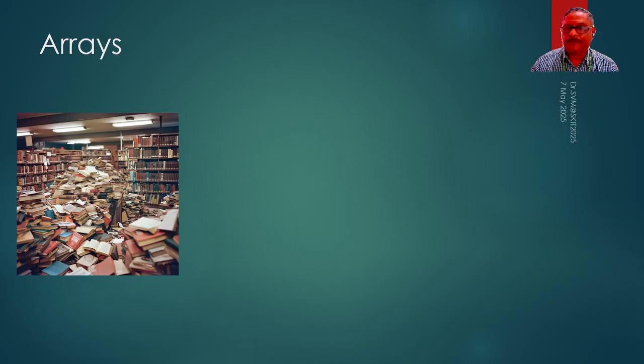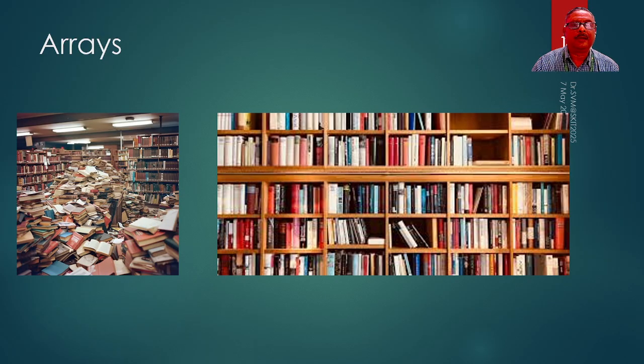But the same thing, if we had put in order, that's an array of books, then finding any book is just one step. If I want this book, I just go there and pick that book out. So taking a book out or finding a book is a one-step item.